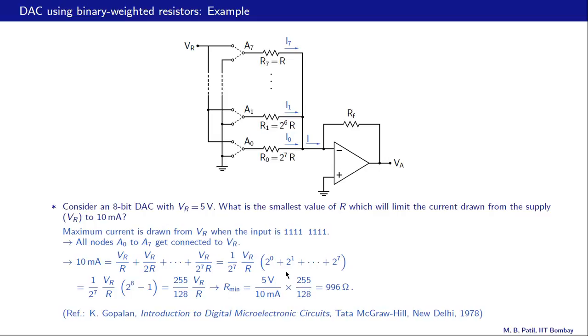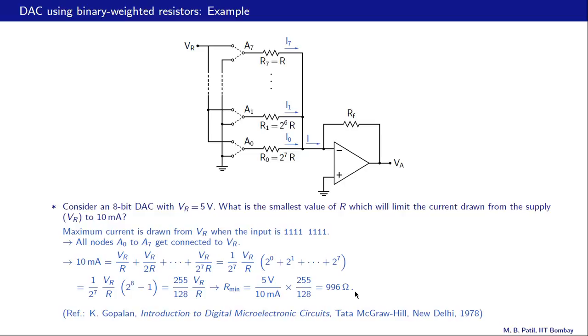And this bracket turns out to be 2 raised to 8 minus 1, that is 256 minus 1. 2 raised to 7 is 128, so therefore we end up with 255 by 128 times VR by R, and that should not exceed 10 milliamps, and that gives us the minimum value of R. So that is VR, which is 5 volts, divided by 10 milliamps times 255 by 128, and that turns out to be about 1 kilo ohms.